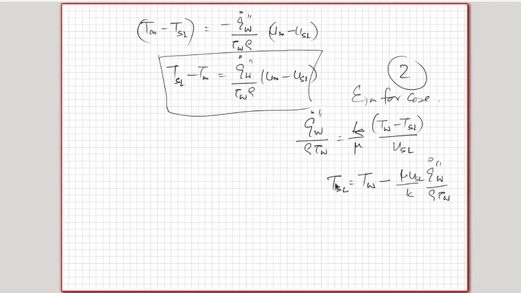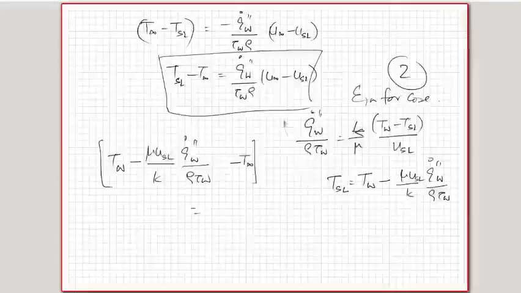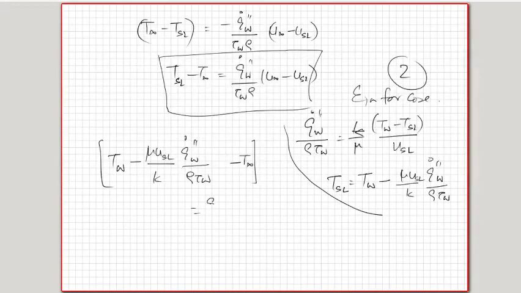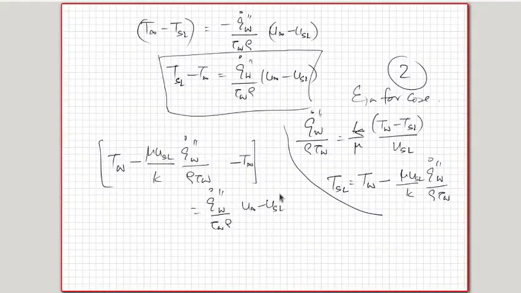Okay, so if I substitute that into this expression, then I'll get T wall minus mu USL by K into Q dot double prime wall divided by rho tau wall minus T infinity is equal to, this is the left hand side, and that is equal to the right hand side, which is Q dot double prime wall by tau wall rho into U infinity minus USL.